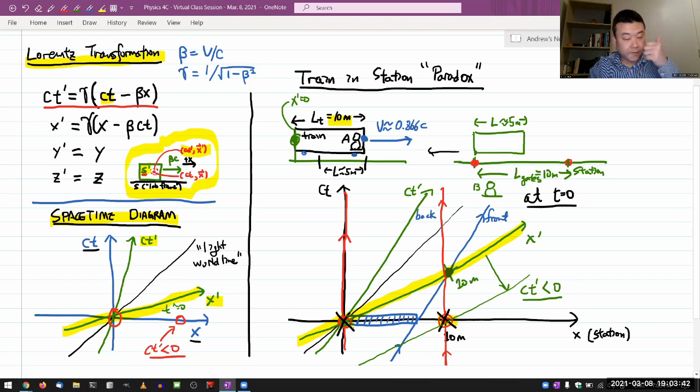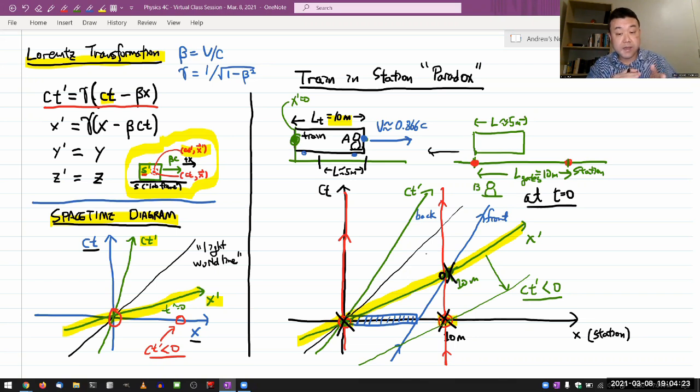So this is the back of the train, and that occurs at the same time as the gate closing and opening. And this is the front of her train at t prime equals 0. At t prime equals 0, she's seeing the gate is Lorentz contracted, so the front of the train is already past the right gate. So Alice doesn't see that the train fits into the station.